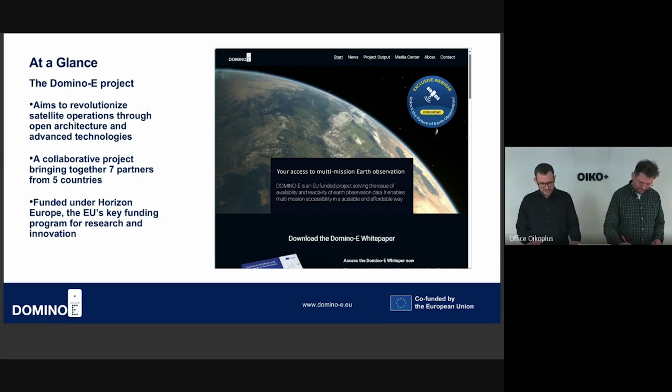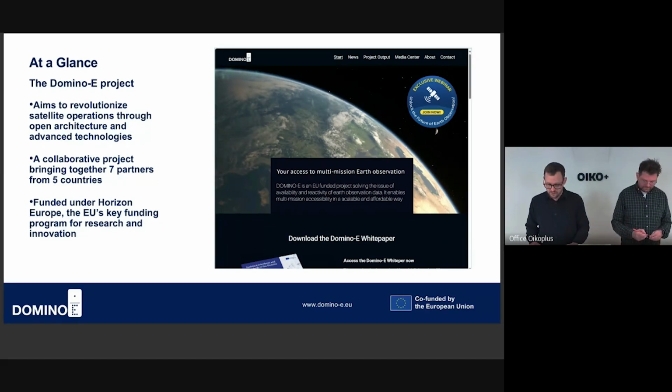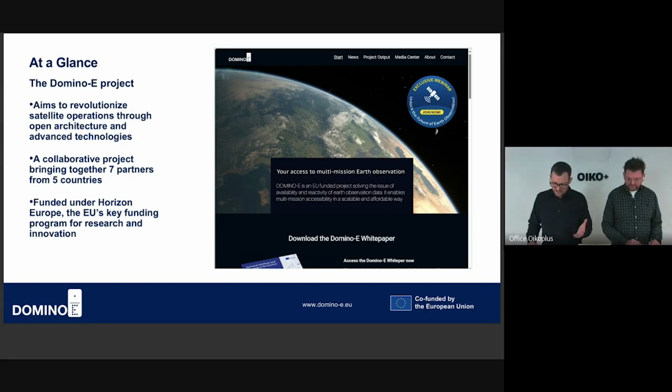More specifically, the aim of the project is to further a federated architecture for satellite ground segments, to enable users to access Earth observation in a more intuitive, more efficient, and also less cumbersome way. In the project, and you will hear more about that in the session to come, there are teams that are developing applications that will enable the idea of that federated Earth observation ground segment to happen.